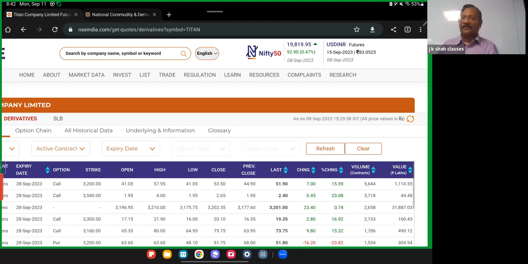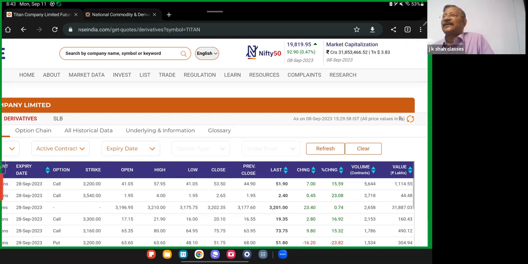Okay. So I mean, this is like the same thing. Sir, that car is traveling at 60 kilometers. So what do I do with that information? What does this number tell you? 19819. Understand, this Nifty is basically an index number. It's an index number. And what do index numbers tell you?